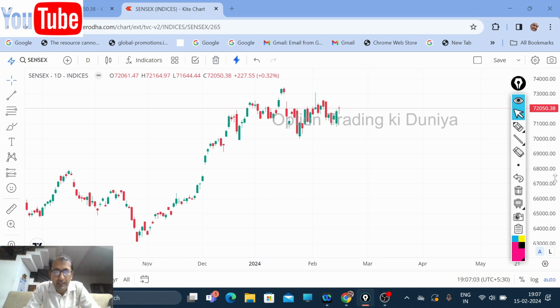So let me come before you with the Sensex chart. And here the first thing you can observe is Sensex is trading in a close range for quite a few days.